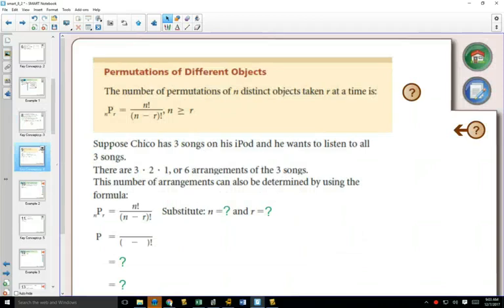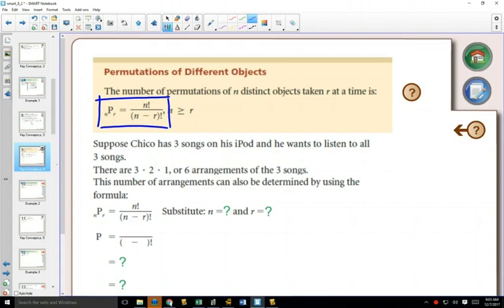And they introduce you to a formula. The number of permutations of n distinct objects taken r at a time. So here we had 7 distinct songs, and he was taking 3 of them. And they have a formula for this. Now this formula, it's on your formula sheet, but we are going to use it rarely because the fundamental counting principle is so easy to think about.